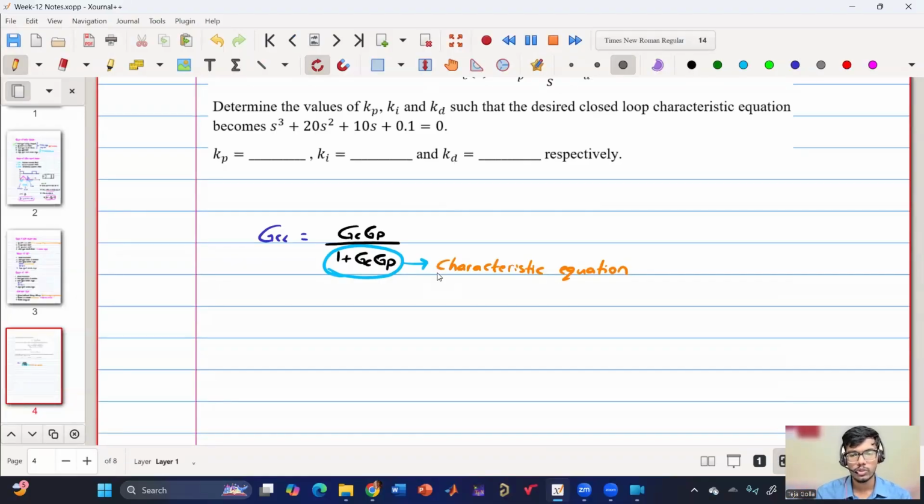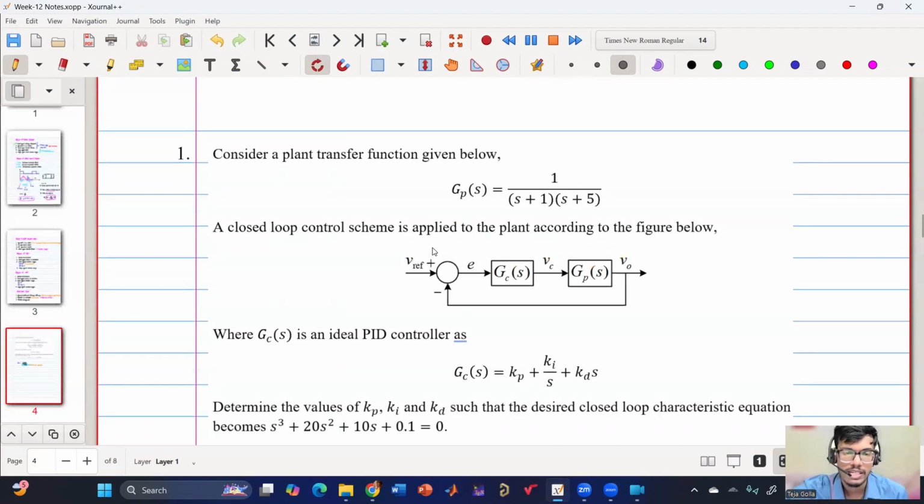So now you need to get this expression 1 plus GC into GP. And from that characteristic equation, you need to find Kp, Ki, Kd. So just note down GC is Kp plus Ki by s plus Kd into s, which is an ideal PID controller, whereas GP of s is 1 by (s plus 1) into (s plus 5).